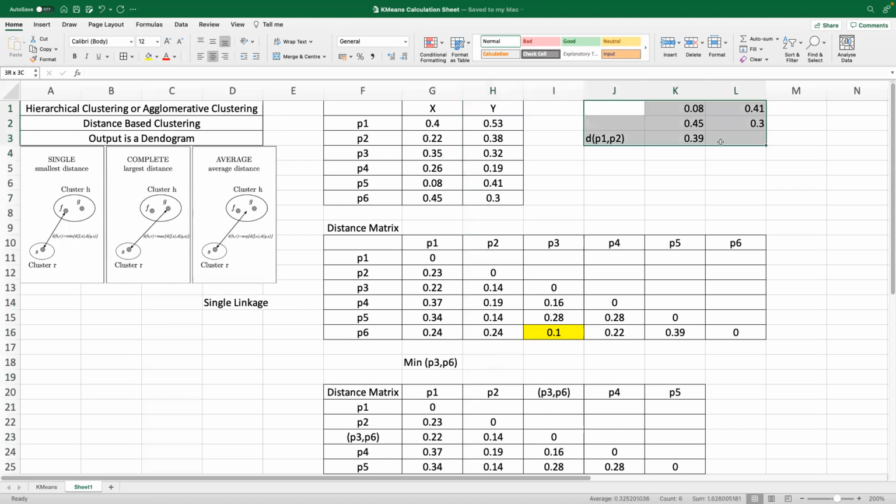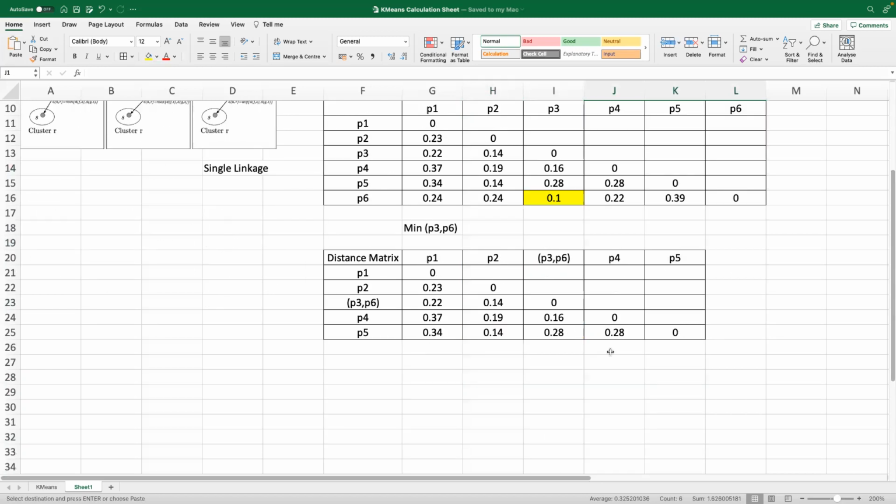I'll copy these formulas with Control C and paste them here, paste special as formulas and number formatting, okay? Now we need to calculate the distance.